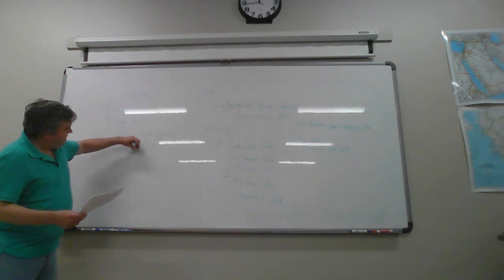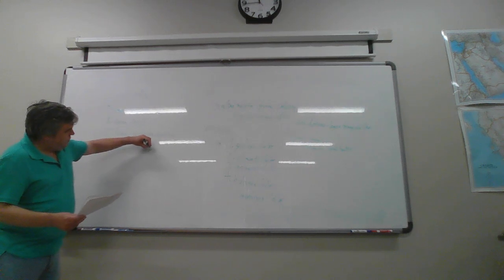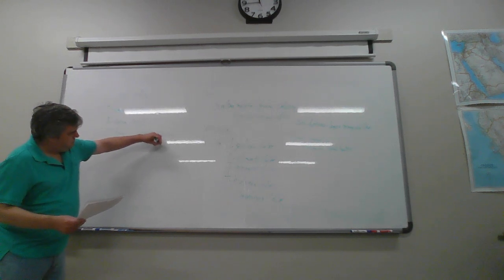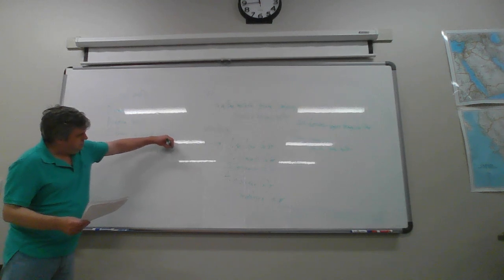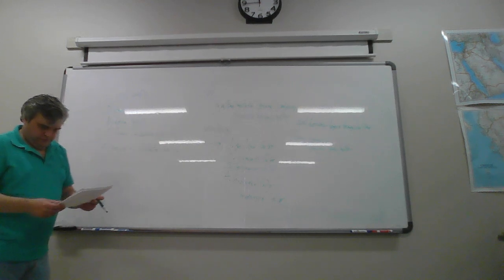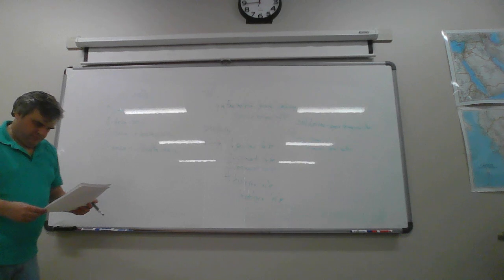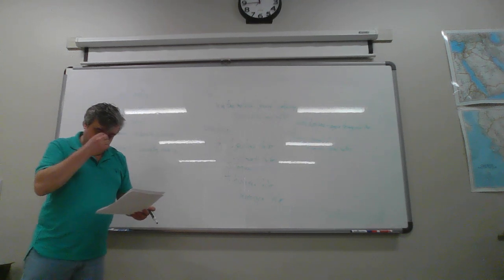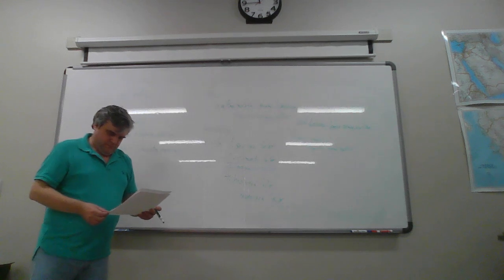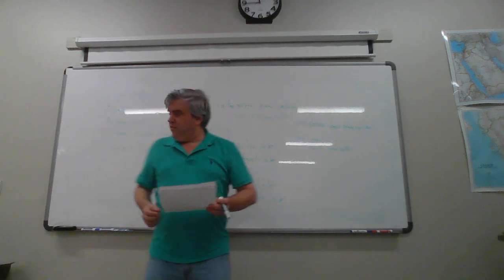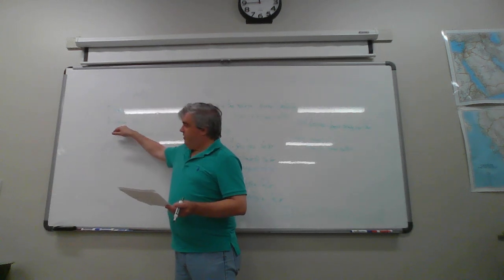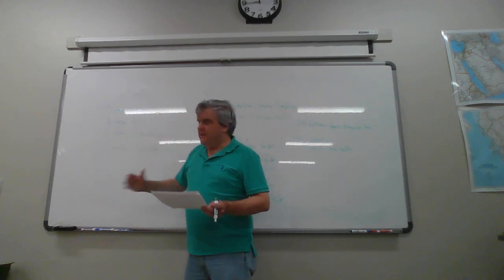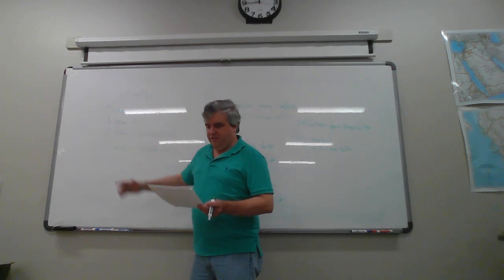In this case, it's illuviation, inwashing. Now the B horizon is less fertile than the topsoil because not as much organic matter is making it down this far.